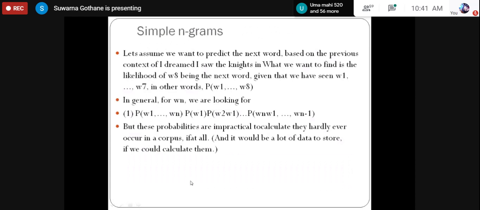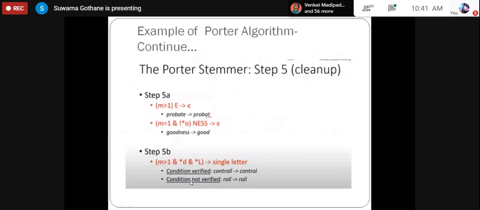So this is the Porter algorithm, here it ended. It has all these steps, steps 1 to 5, where certain rules are applied so as to obtain the original word. Maximum times it will give correctness, but sometimes for some words it is not going to give correctness, so condition not verified wherever it is found, and that is the failure of this algorithm.